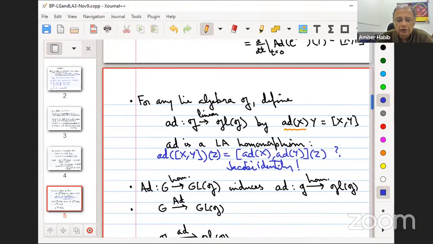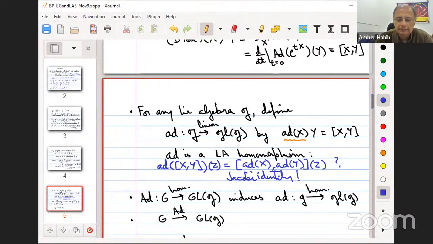And so what we have seen is that if you start with the original Ad with the capital A, this notation is okay to write but difficult to speak. So we have two ad maps, one with capital A, one with little a. The one with capital A is at the group level. So it's a group homomorphism from the matrix group to the invertible linear maps on the Lie algebra.